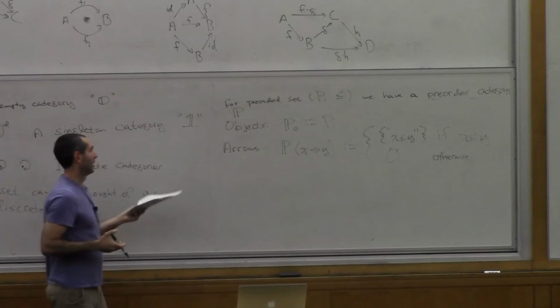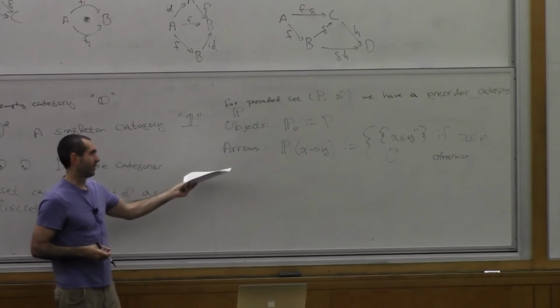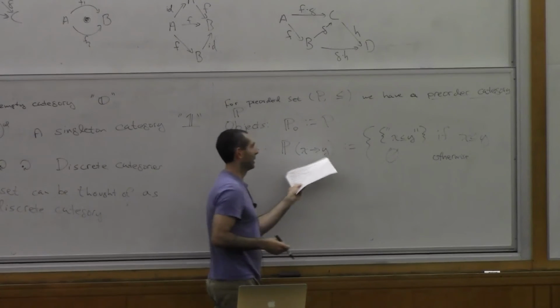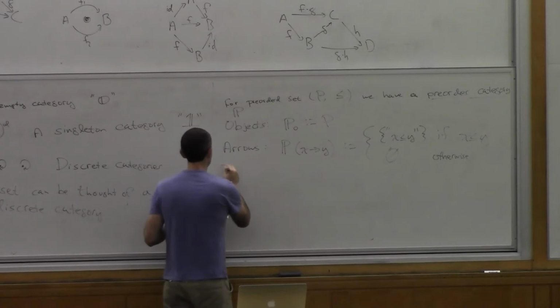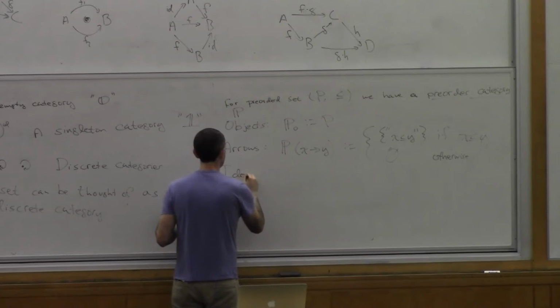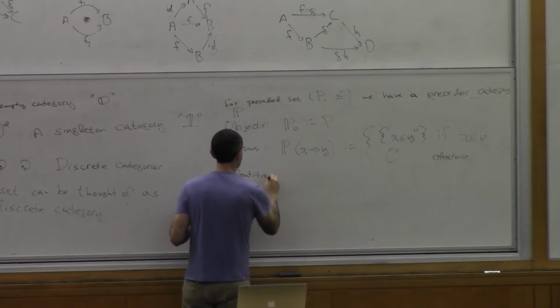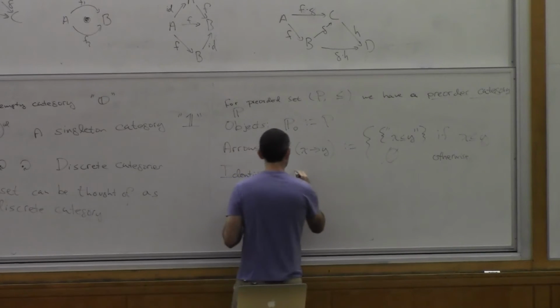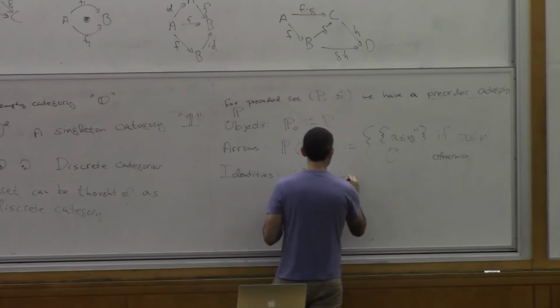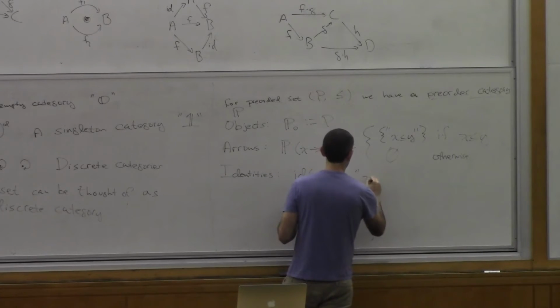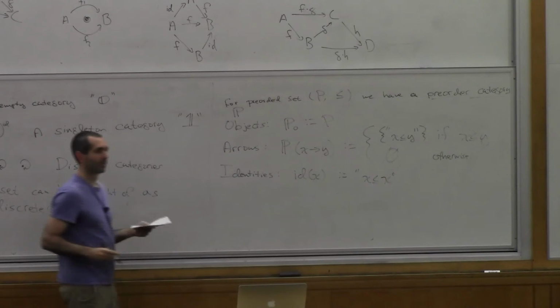So the homs are either singletons if the relation holds between the domain and codomain, or they're empty if it doesn't. And I have to tell you what the identities are. The identity on an element x is just defined to be the arrow called x is less than or equal to x.